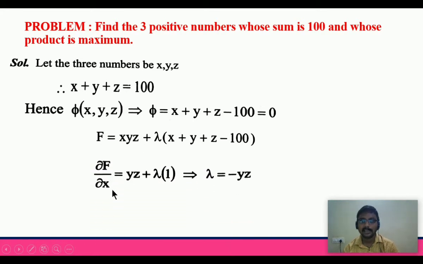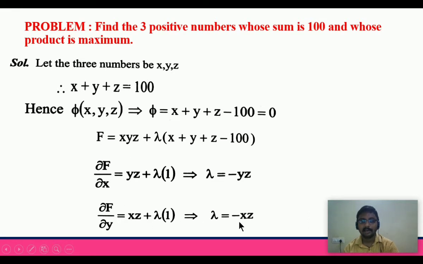While differentiating f partially with respect to x, keep yz as constant, x derivative 1 plus lambda into x derivative 1, y derivative 0, z derivative 0, negative 100 derivative 0. So which implies that lambda is negative yz. Similarly, we have to obtain ∂f/∂y, differentiating f partially with respect to y.